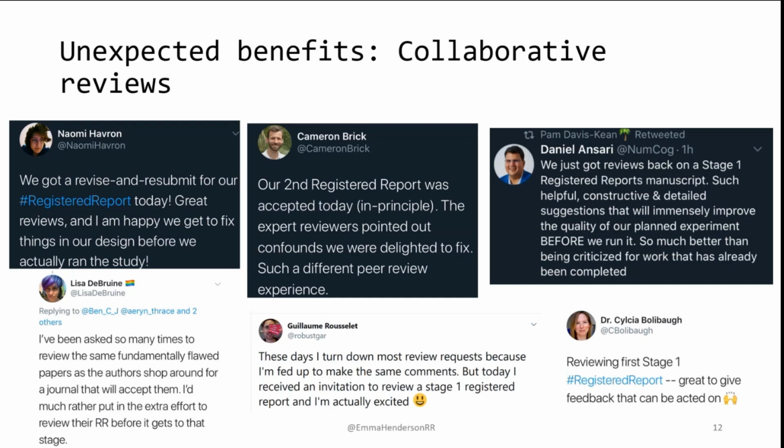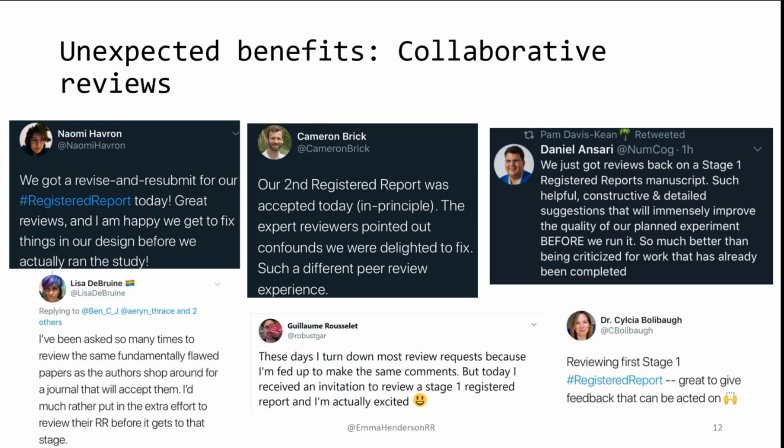And you can see that the sentiment is very similar for all of the authors. They're saying we were really, really happy to fix flaws in our study before we ran the study. It's so much better being criticised than being criticised for work that you've already completed.